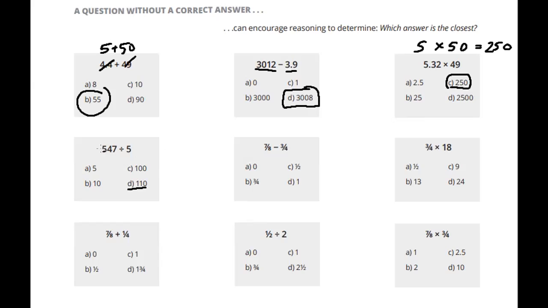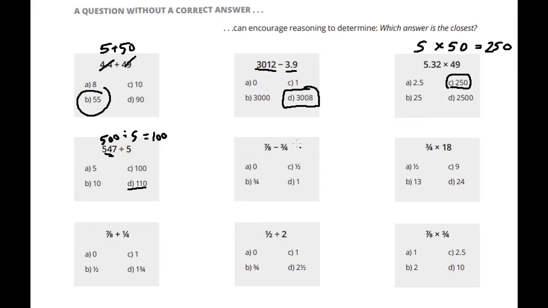Okay, let's say if it was 500 even divided by 5, then it would be exactly 100, right? But this is quite a bit more than 500. It's 47 more. It's about 550. Yeah, it's about 550. And so that would give it one more 10 to go to 110. That's right. So 100 is not quite close enough. 110 is a better answer.